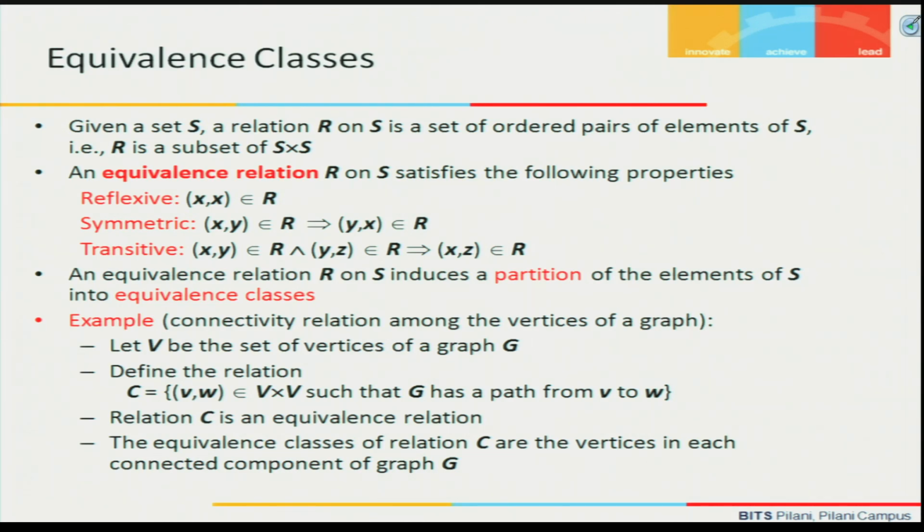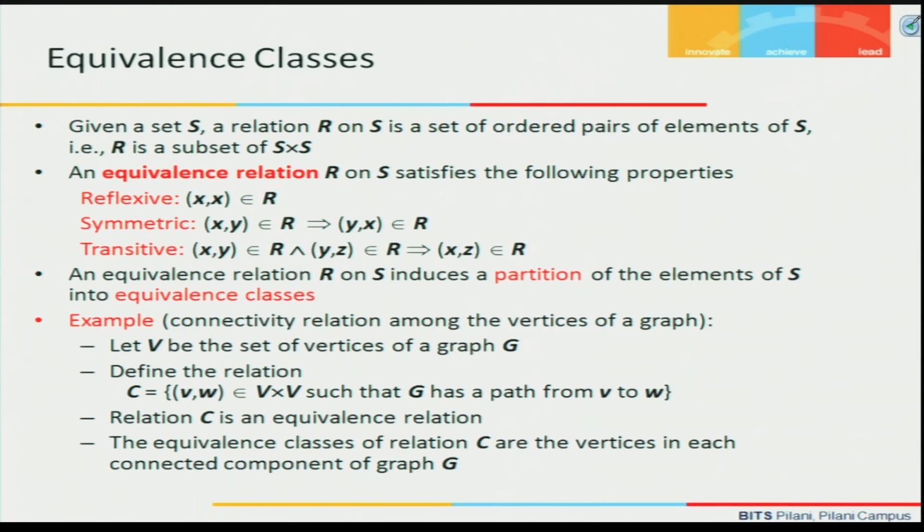We say a relation is reflexive if and only if every point in the set is related to itself. Similarly, we say a relation is symmetric if, when x and y are related, then y and x are also related.